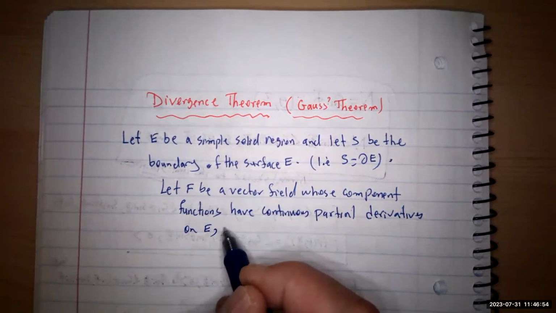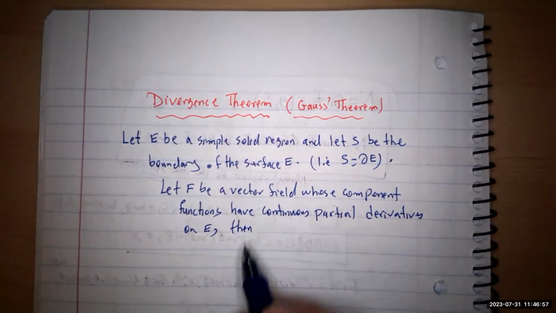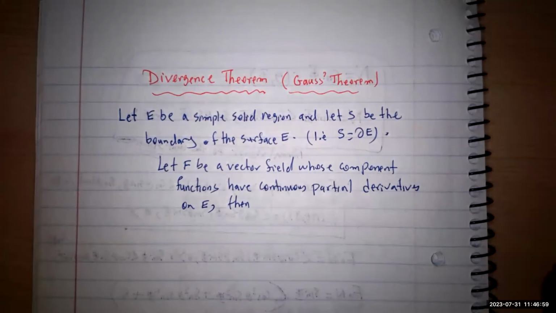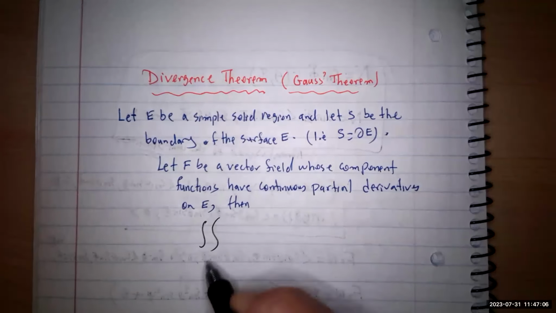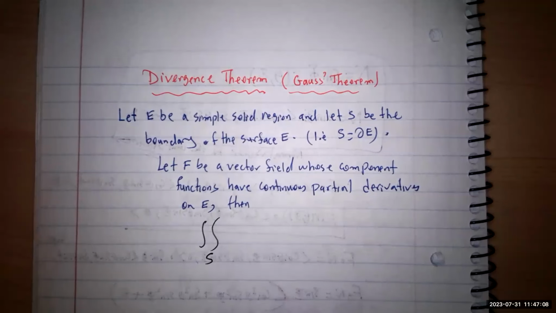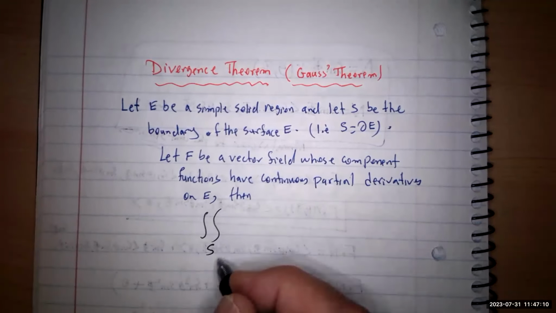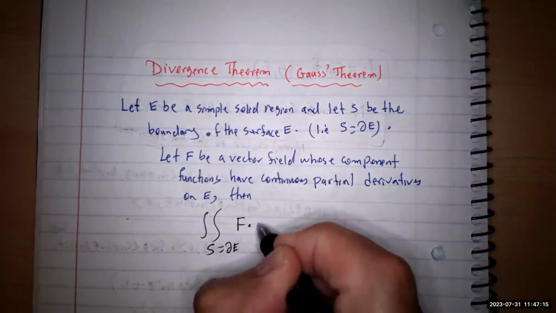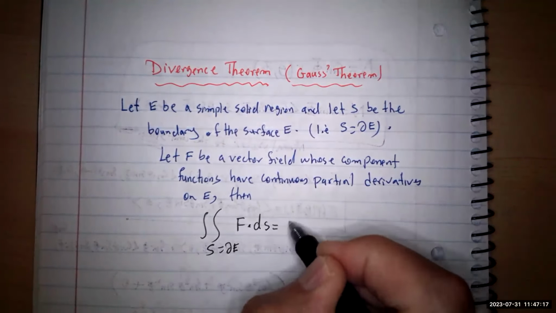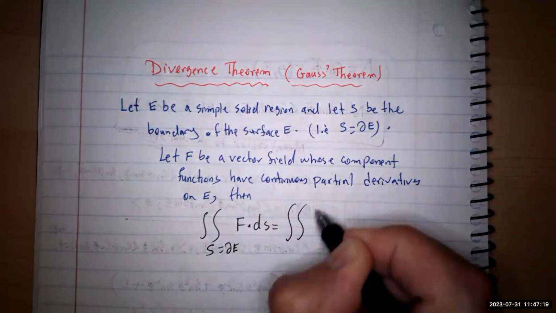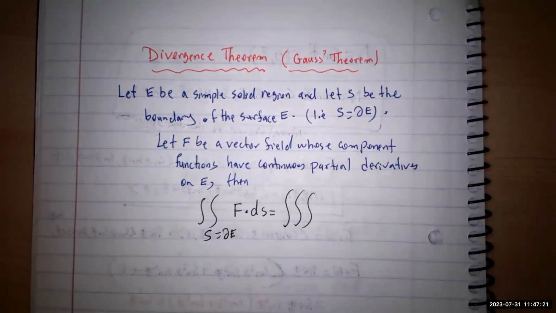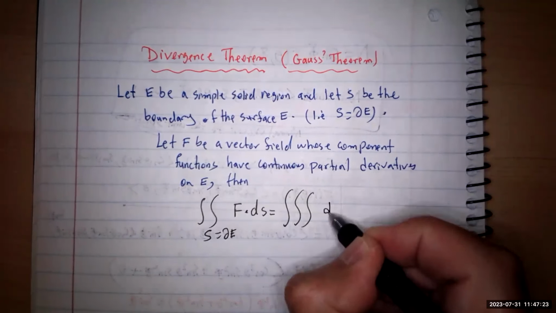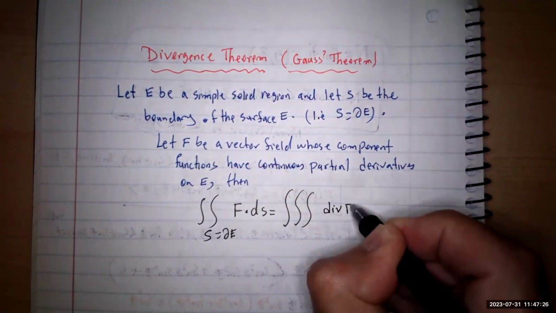If this is going to be the case, then if you want to find the flux or the rate of the fluid flow, the double integral on S, which is the surface, remember it's the boundary of E, of F dot dS is going to be the same as the triple integral of the divergence of F, the one that we did before.